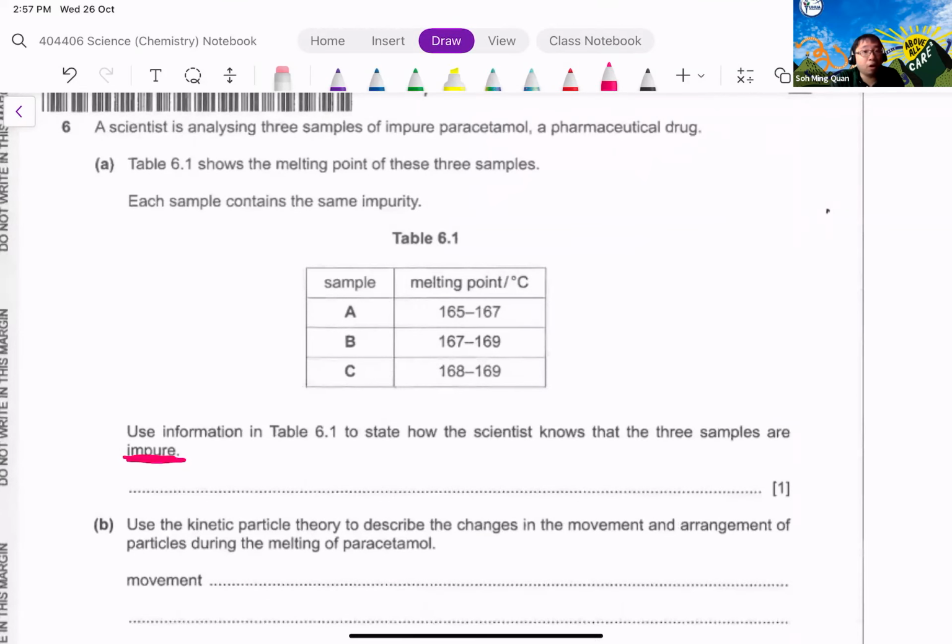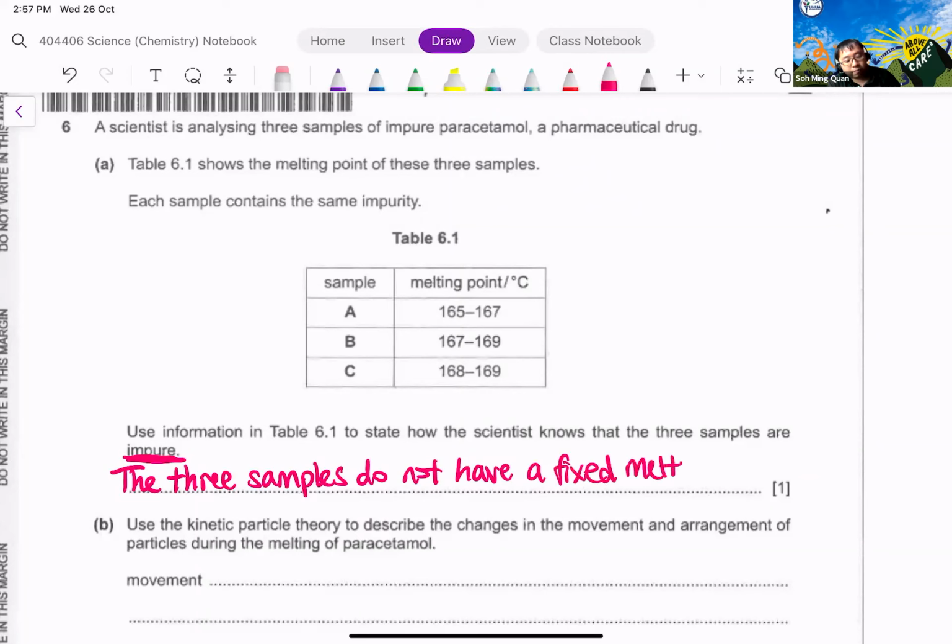Pure substances have a fixed melting and boiling point, meaning they should melt at a fixed temperature, one temperature. But look at the melting points here. The 3 samples do not have a fixed melting point.